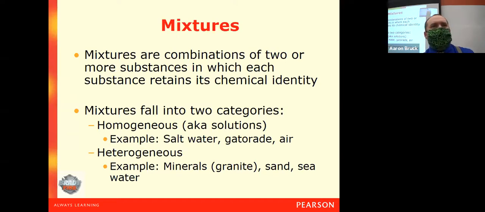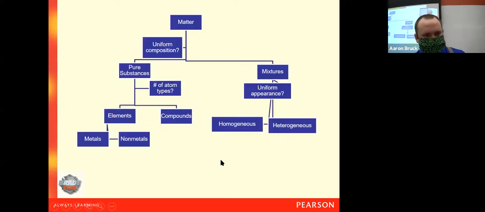So I can see every component in a heterogeneous solution or a heterogeneous mixture, and that's because they are literally easy to pick out, easy to see. And so what I've composed here is a flow chart of sorts.